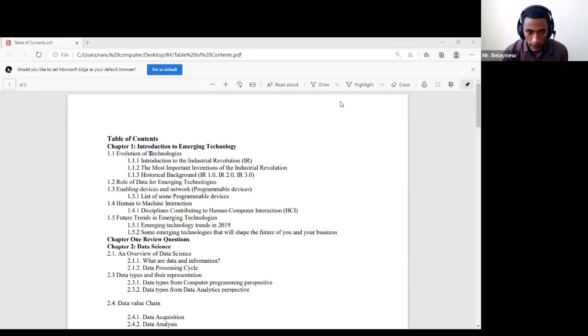So nowadays, different researchers are working on interacting computers or machines with human beings directly by human language. For example, by using artificial intelligence, AI, in different areas like robotics and so on.